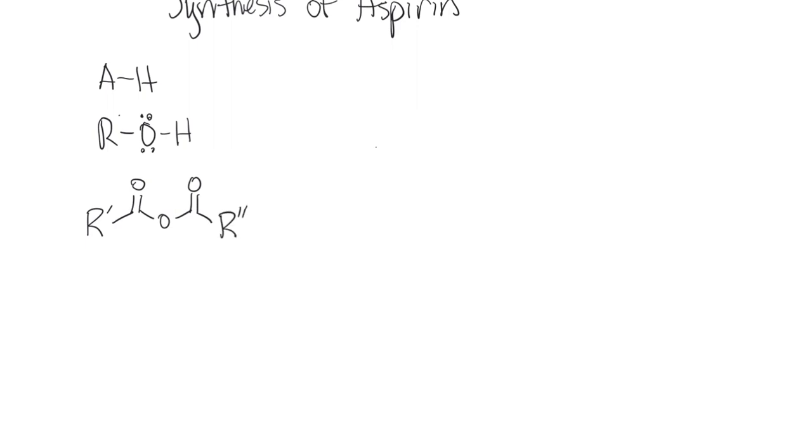Now for acetic anhydride, the R prime and the R double prime are the same thing, which is just a carbon and 3 hydrogens on the end there. Let's look at this reaction in a general sense. The first step is going to be activation of the carbonyl group.